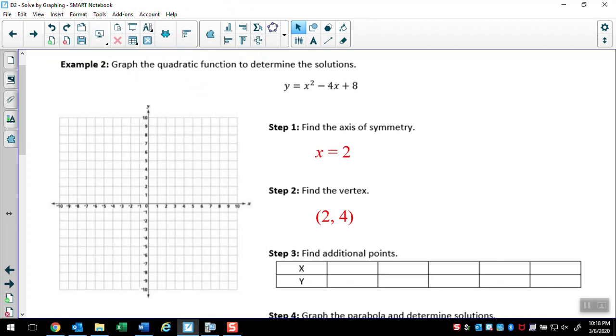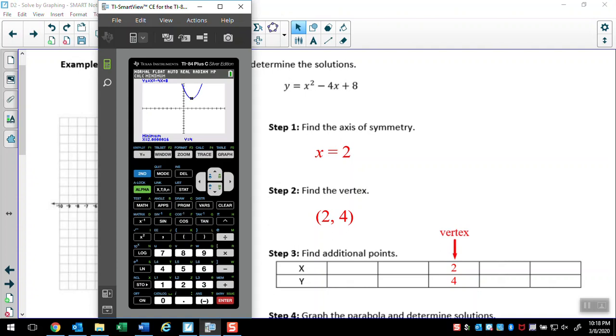Now we can find some additional points. I can fill in my vertex, 2, 4, and now I'm going to find 2 points on either side. Again, I can use my calculator for that. I'm going to go to second, graph. My vertex was 2, 4. There it is.